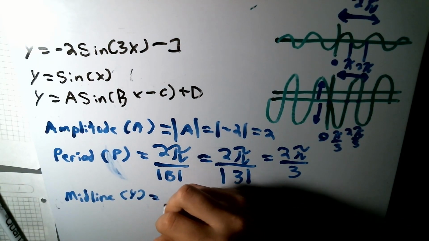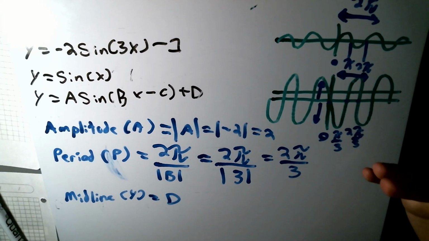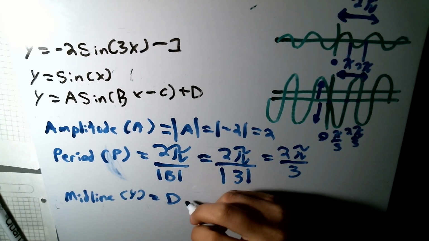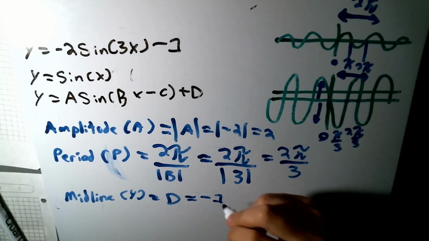The midline equals D, because it is just the change in the y-axis, whether the whole graph goes up or below. So it is D, which is -1.